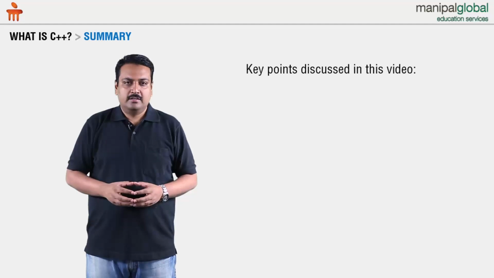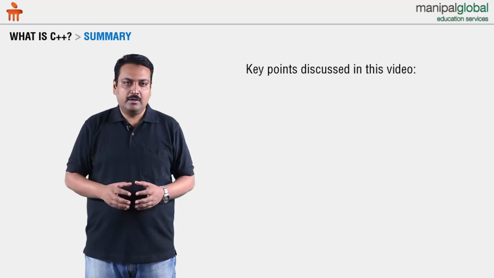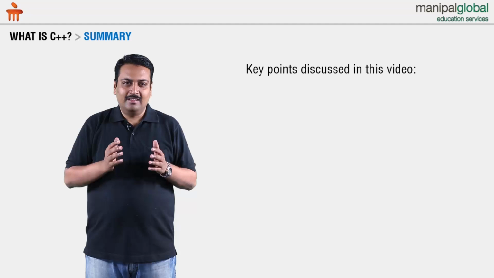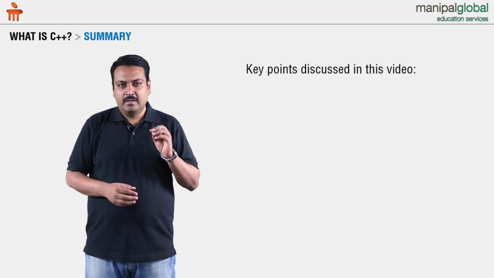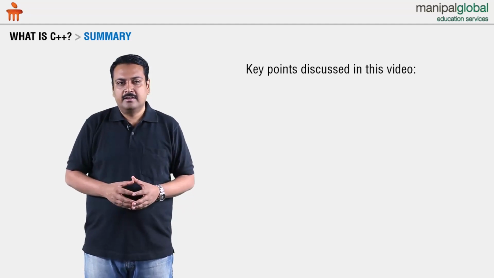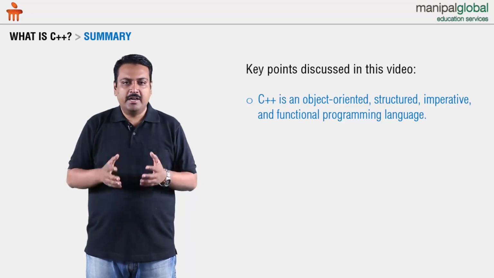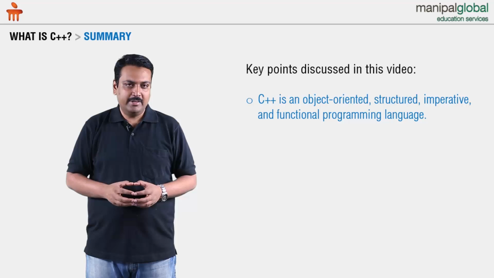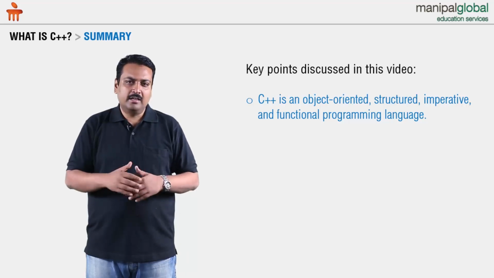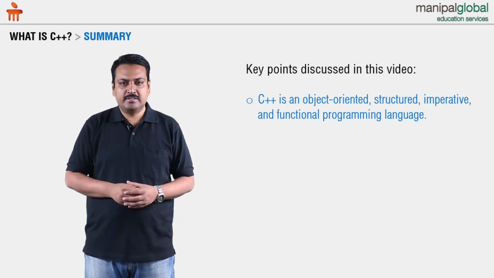Now let us look at what we have learnt about C++ in this video. In this video, we have learnt that C++ is an object-oriented, structured, imperative, functional programming language. We have looked at the high-level definition of what C++ is.